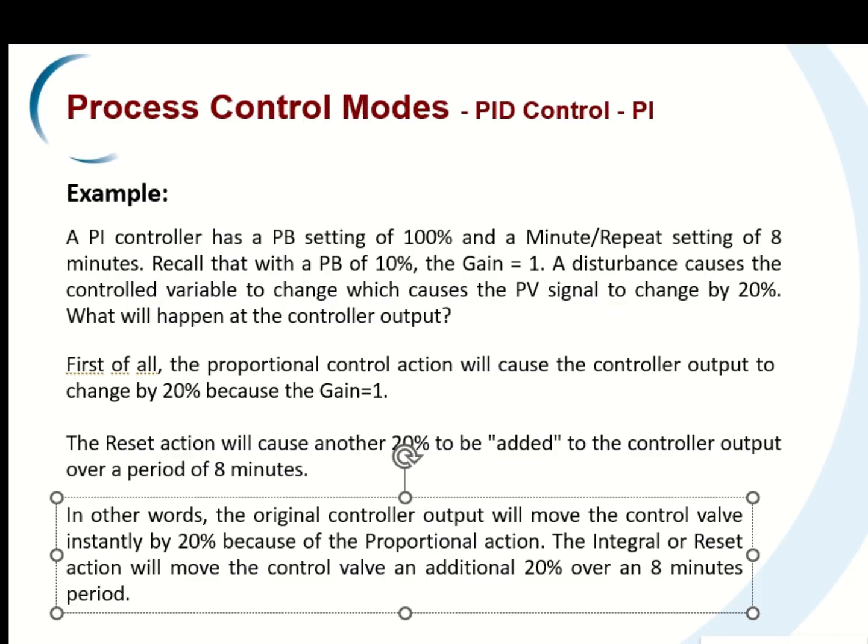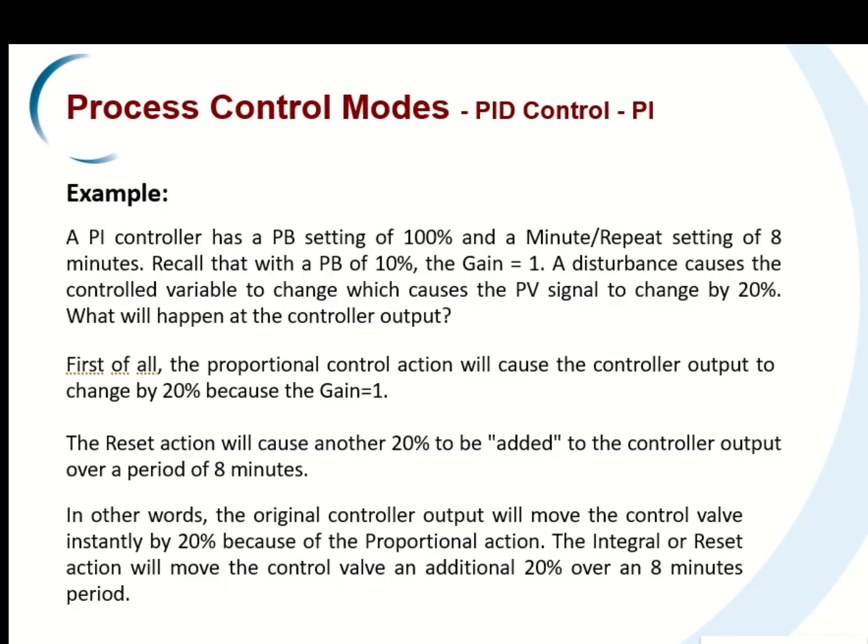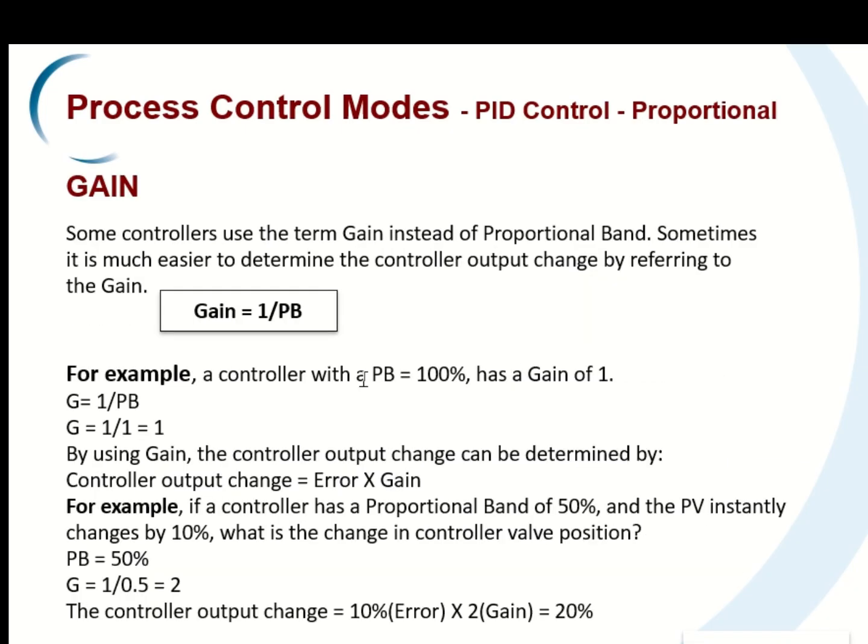So again, we saw here this is the formula for the gain and the band. So 100% the gain is 1, 50% the gain is 2, so the output is doubled. So if PB is 50, output is 20% for the 10% change in the PV value.